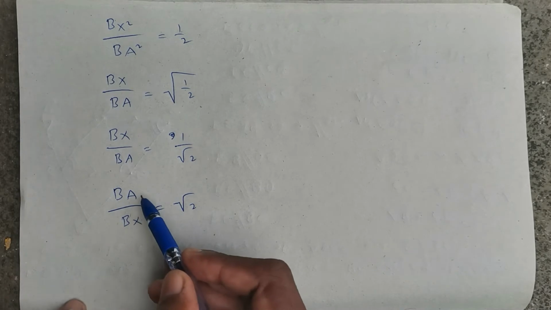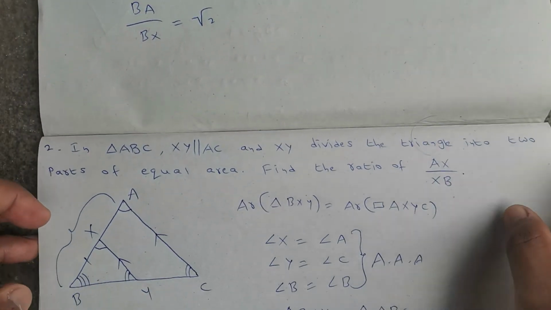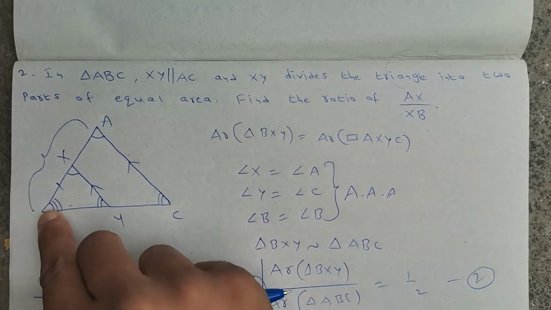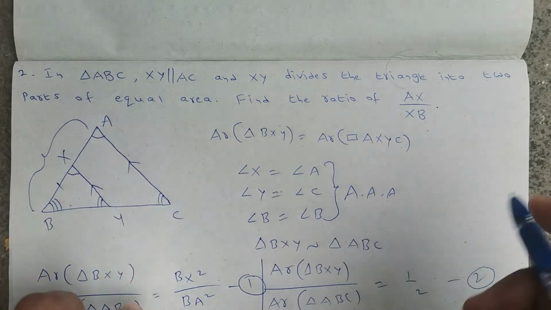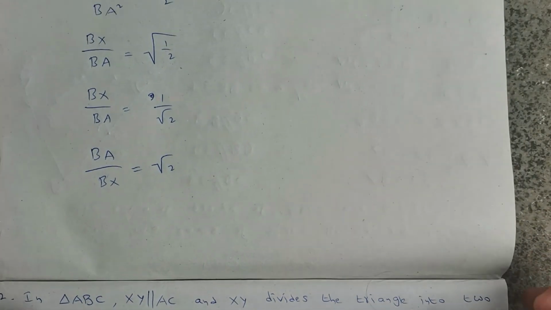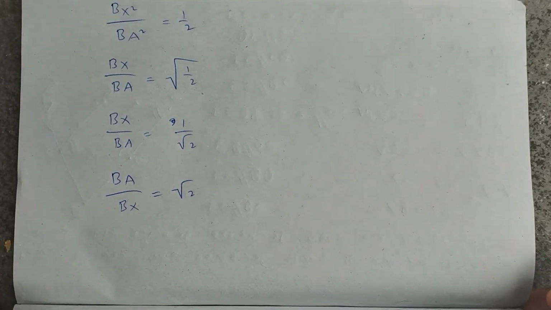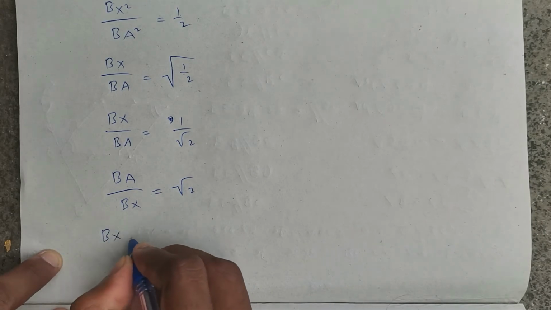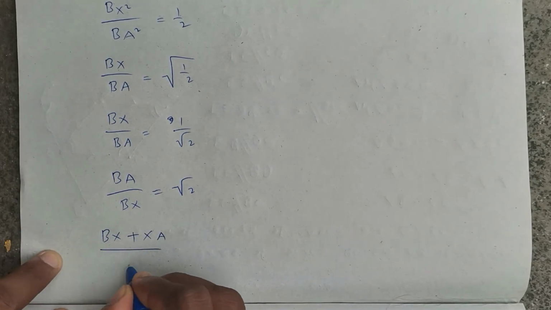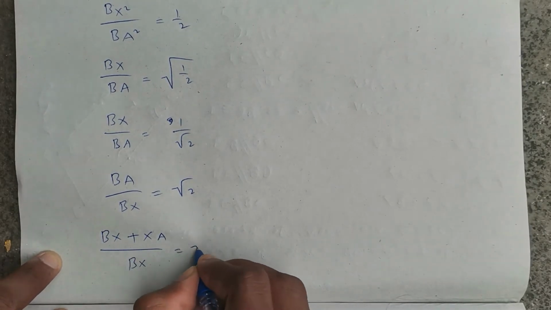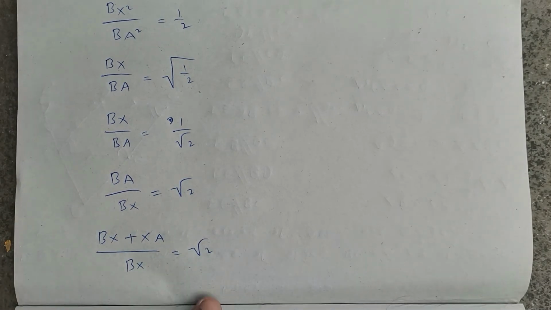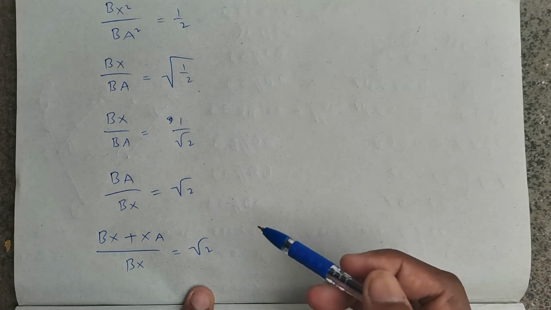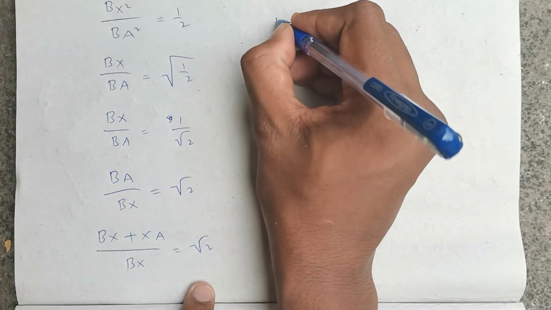Next, here the numerator is BA. If you observe the figure, BA is nothing but BX plus XA. So in the place of BA, I will write (BX plus XA) divided by BX is equal to root 2. Now in the numerator we have two terms, I will separate those two terms.